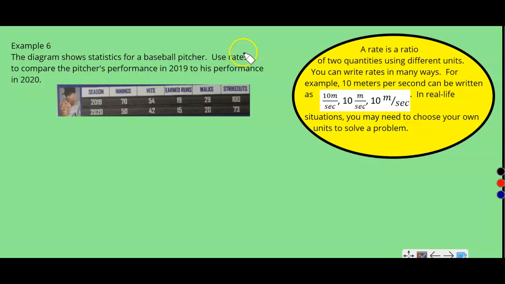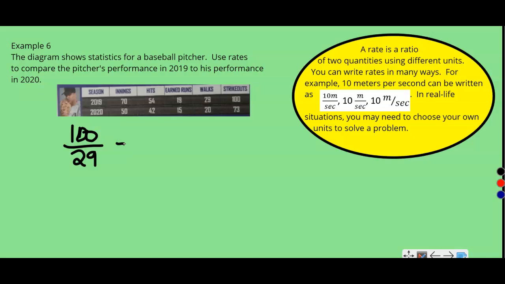Up here again, it says use rates to compare the pitcher's performance in 2019 to his performance in 2020. So let's just pick two things. Let's say we're going to look at strikeouts and walks. In 2019, he has 100 strikeouts per 29 walks.